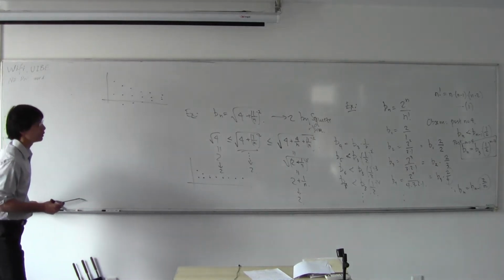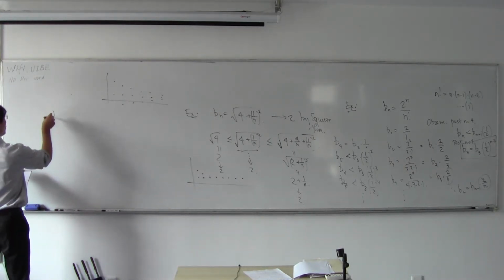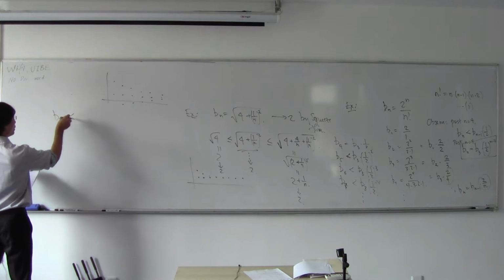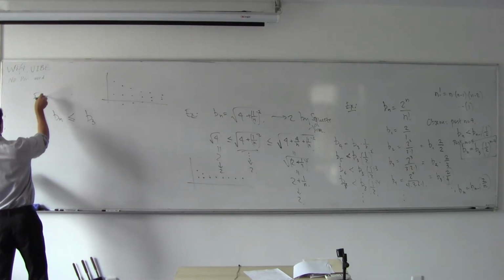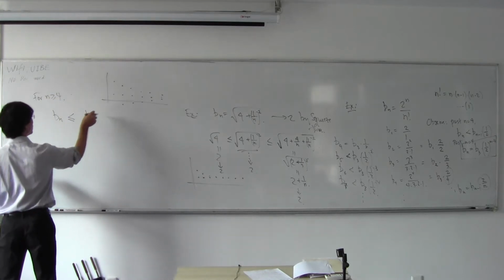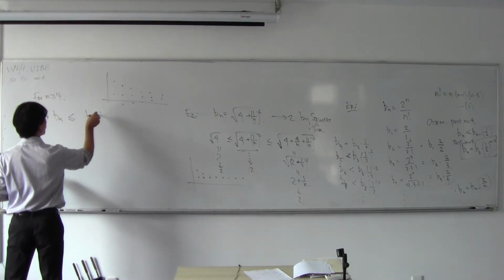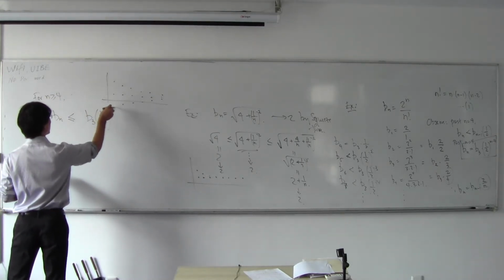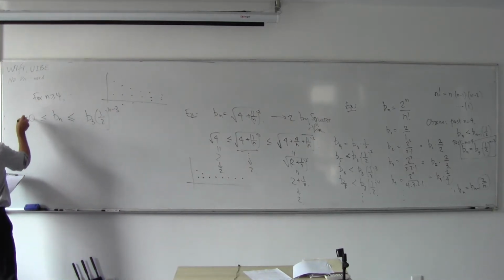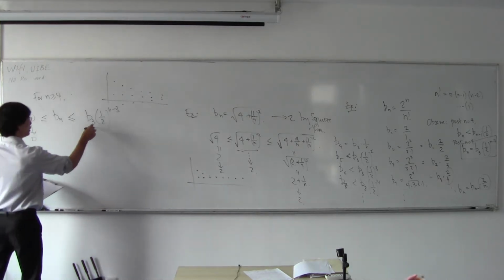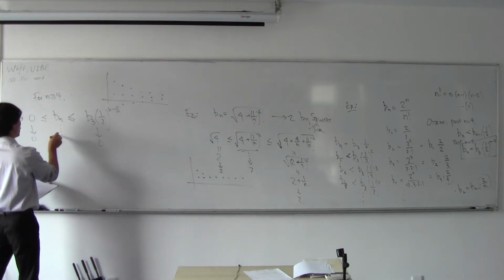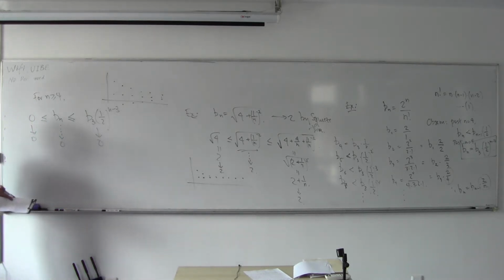Okay, so now we can use the squeeze theorem. We say, well, look, for n bigger than 4, b sub n is smaller than b3 times 1/2 to the n minus 3 and bigger than 0. This thing goes to 0, and so this thing must go to 0 also.